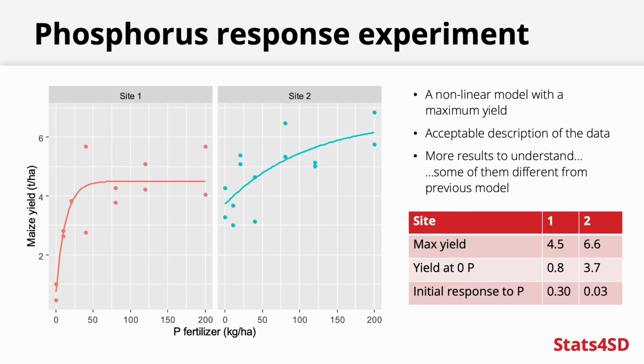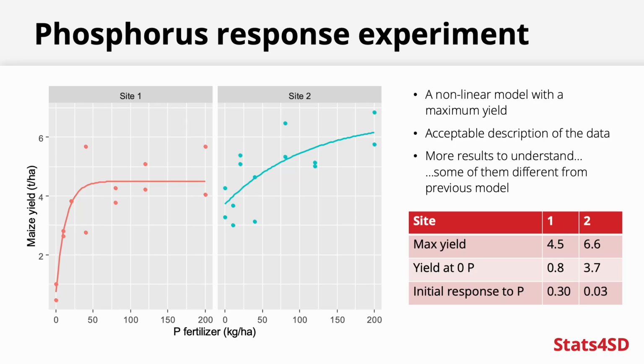Now I'm using a different model, one that covers the whole range of phosphorus values studied. It's more complex than the straight line, and it's a non-linear model that approaches a maximum yield. The details are at the end of the presentation if you're interested. It seems like a better fit to the data, and it can help answer questions that cannot be answered with the previous model, such as what is the maximum yield that can be obtained by adding phosphorus.